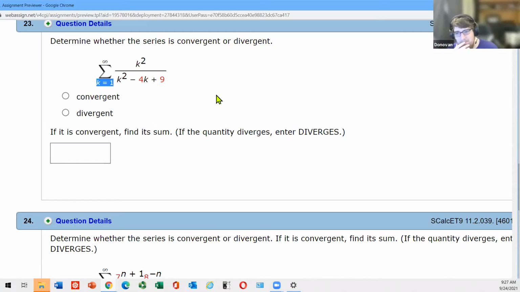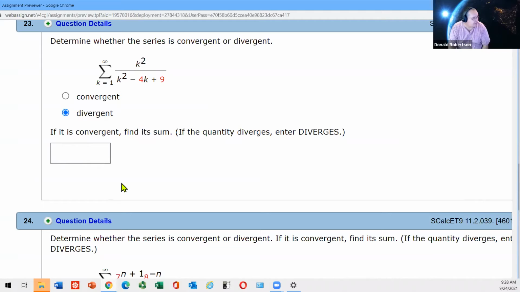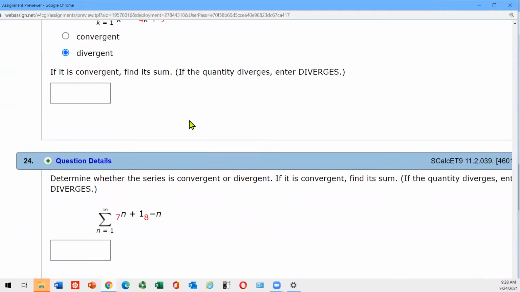Just one. Okay, what can you say about that series then? Diverges. End of story. And that's left blank because if it diverges, I guess you could put infinity, but they don't even want that. They want you to put diverges in.